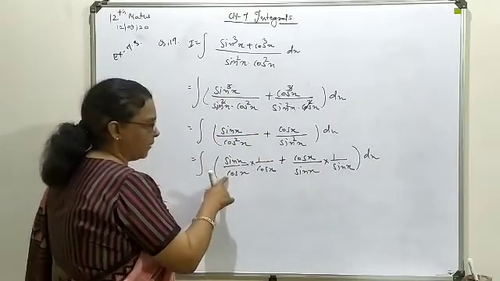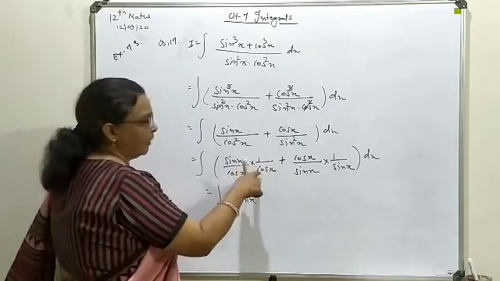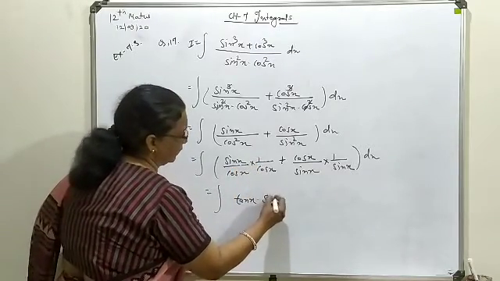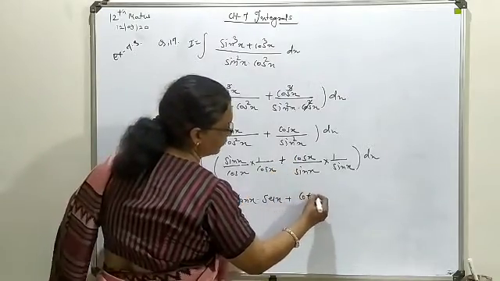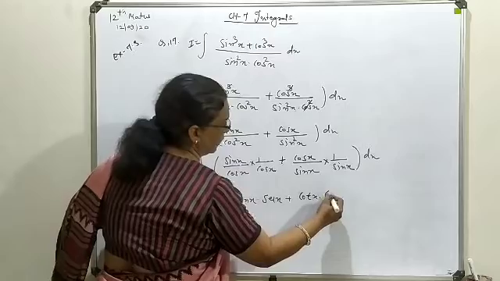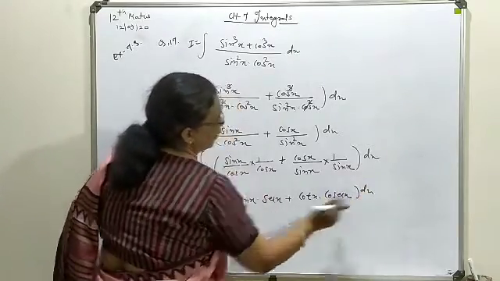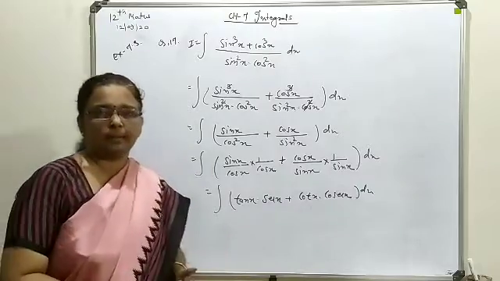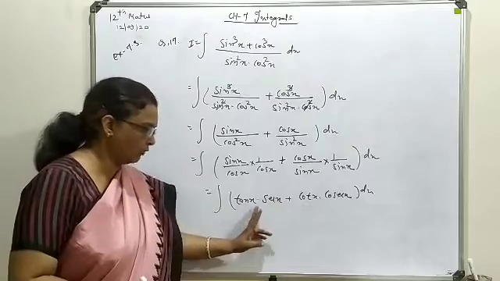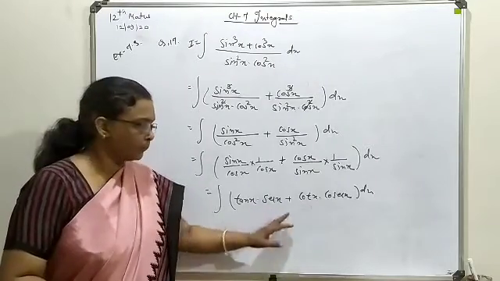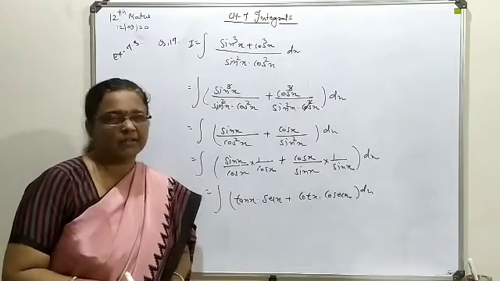Now sin by cos we know is tangent, whereas 1 upon cos is sec; cos by sin is cot, and 1 by sin is cosec. Now you can see both combinations can be handled for integration individually. The integration of tan x into sec x is sec x, whereas the integration of cot x into cosec x is minus cosec x.